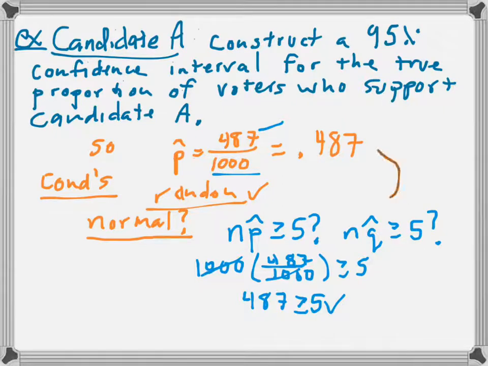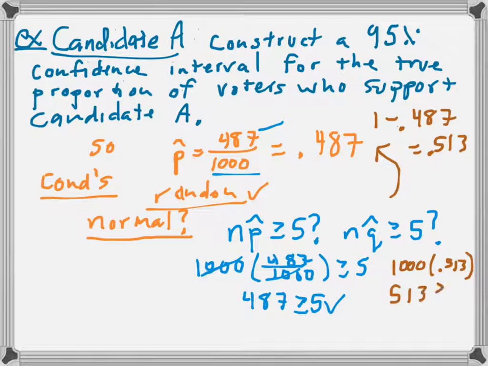So for q hat, I could do 1 minus 0.487. That's going to be q hat, which equals 0.513 if my math is right today. So n, which was 1,000, times q hat, which is 513, is that greater than 5?